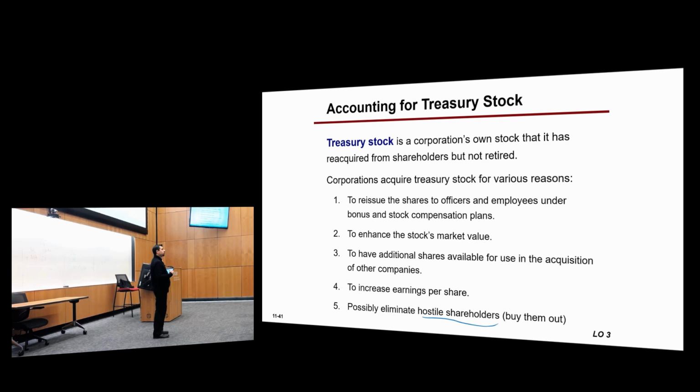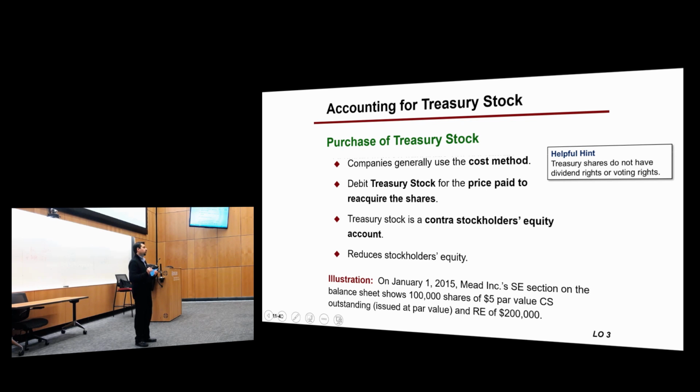If investors want to buy it, they will look at it and think, okay, this looks much nicer. It gives a higher EPS. It enhances the stock's market value. Why? Because now you have less stock, so the demand will usually be higher. The supply is lower, at least they are lowering the supply. All these issues are reasons why a company might want to buy treasury stocks.